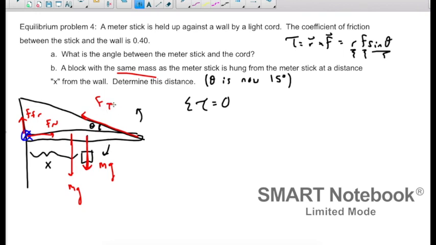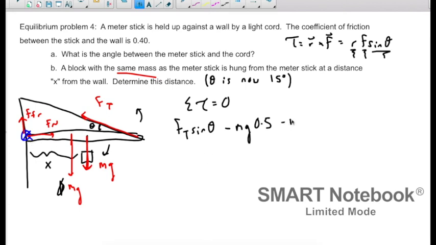So the positive torque from my force of tension is just very simply going to be Ft sine theta. It is 1 meter away from the axis of rotation. And then I'm going to get minus mg times 0.5. That's this one right here, because that is halfway through the meter stick from the axis of rotation, or 0.5 meters.